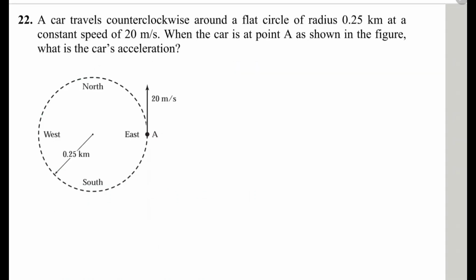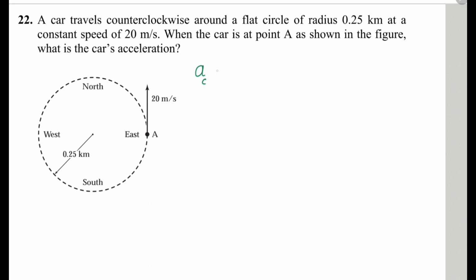A car travels counterclockwise around a flat circle of radius 0.25 kilometers at a constant speed of 20 meters per second. When the car is at a point A, as shown in the figure, what is the car's acceleration? Now we only have central acceleration because it's constant speed, which means no tangential acceleration.